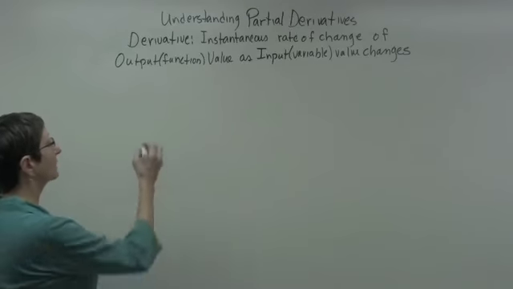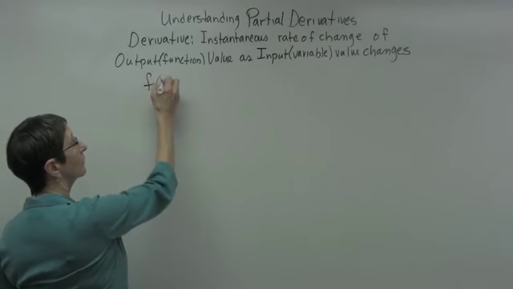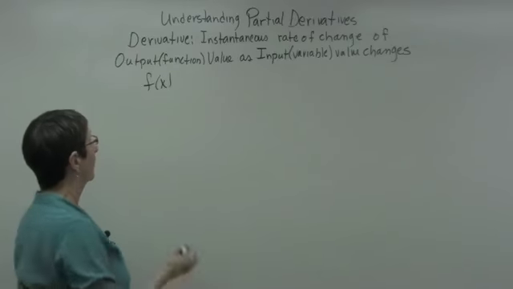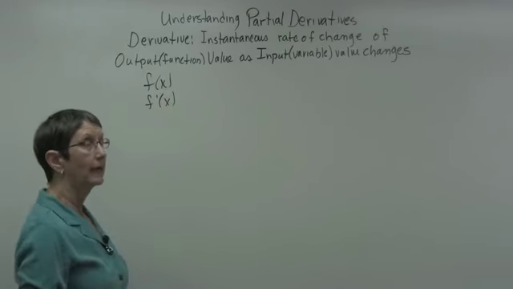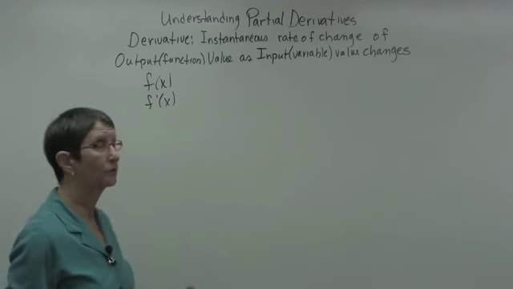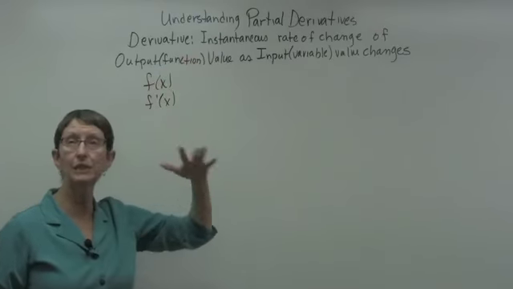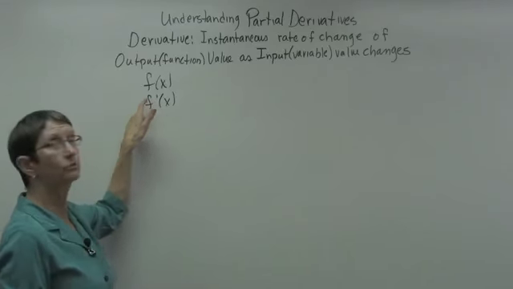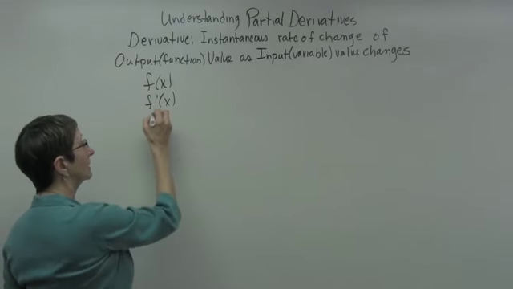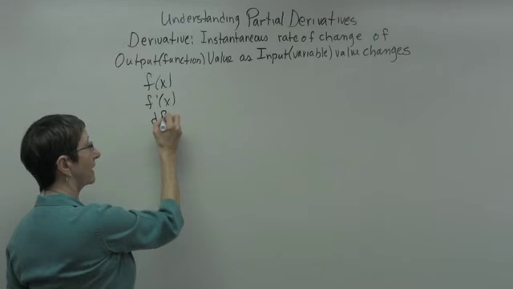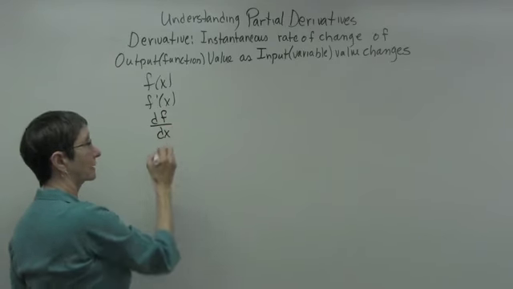You've done a lot of derivatives with functions of a single variable, f of x. We could write that derivative as f prime of x. We won't be using primes for the most part here. This means the derivative of f with respect to x. But we have another notation that says the derivative of f with respect to x.